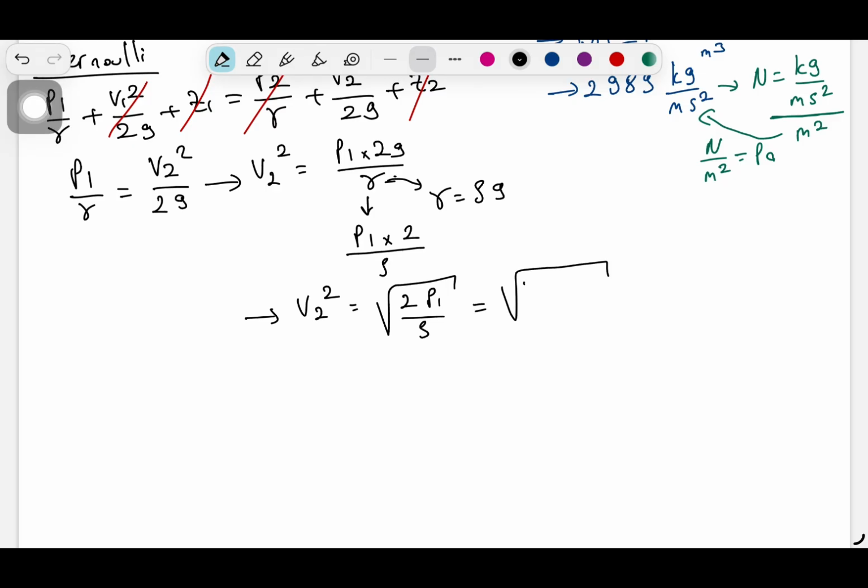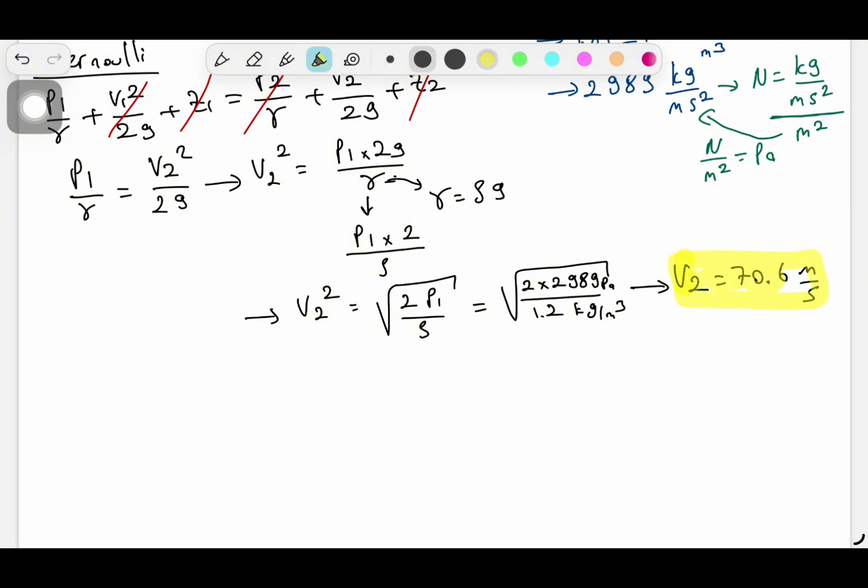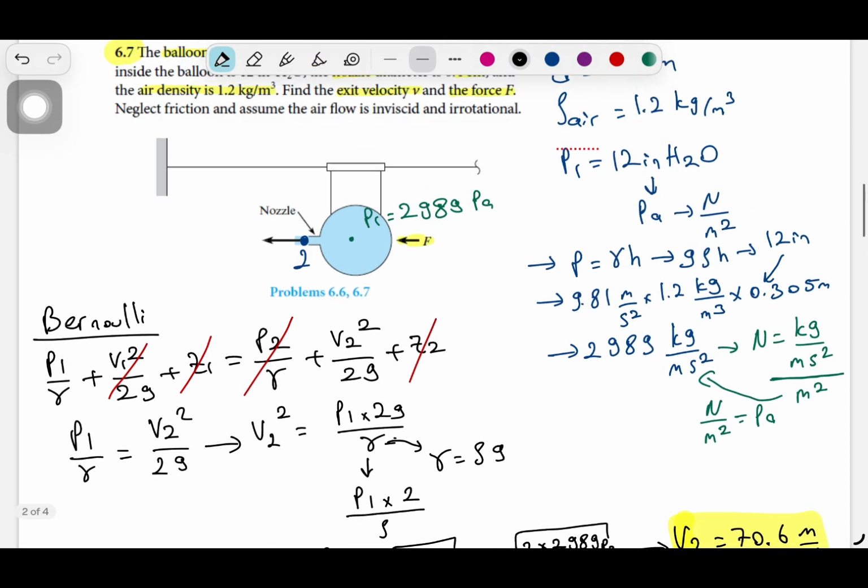So we can write 2 times the pascal over 1.2 kilogram per cubic meter, and from here we can get V2 as 70.6 meter per second. So this is the first question: we needed to find the exit velocity.